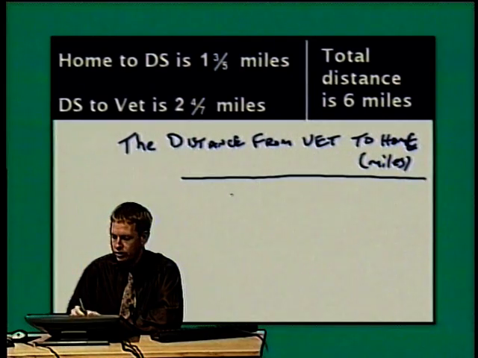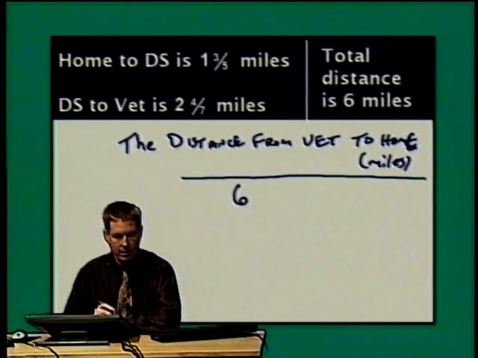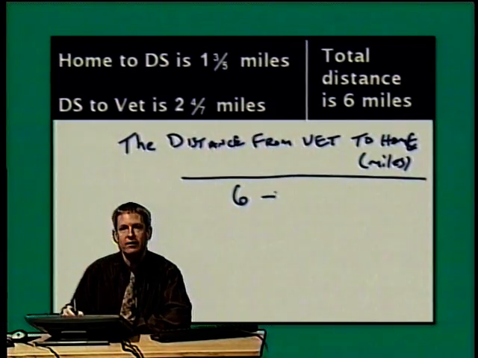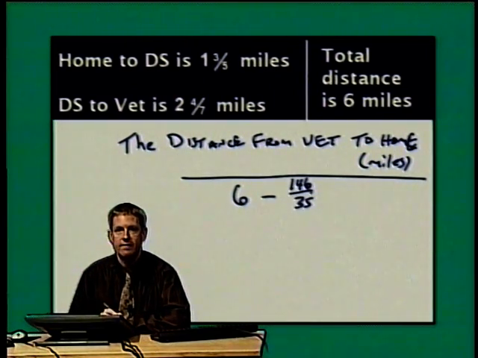So we're told that the total distance for the trip is 6 miles. We just calculated that the first 2 legs of the trip encompassed a total of 146/35 miles. So I need to subtract from this 146 over 35.